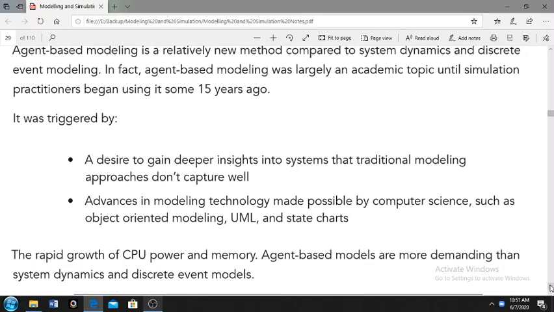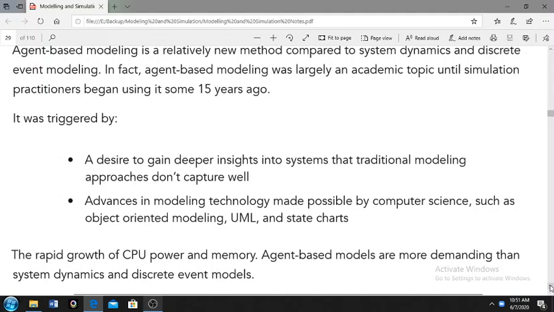It was triggered by a desire to gain deeper insight into systems that traditional modeling approaches don't capture. What do we call traditional?